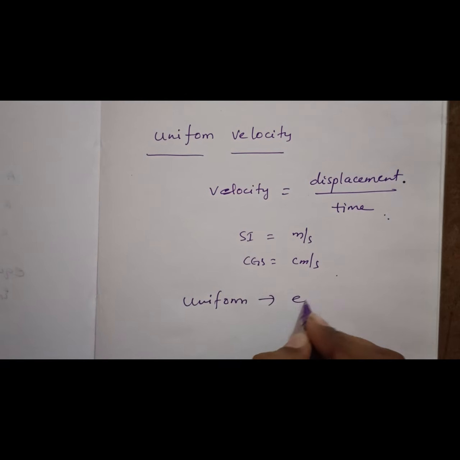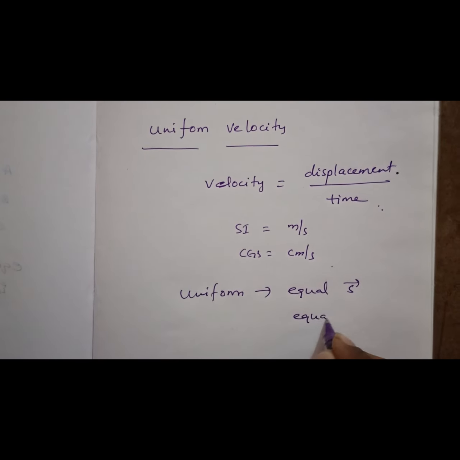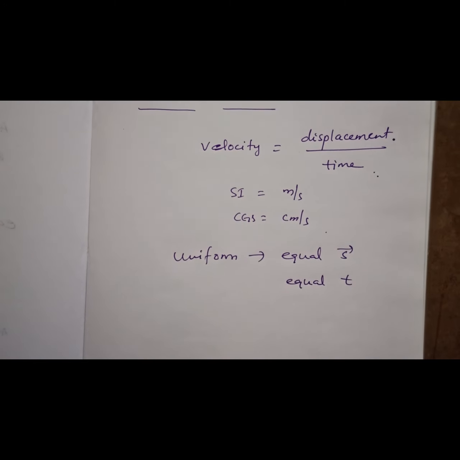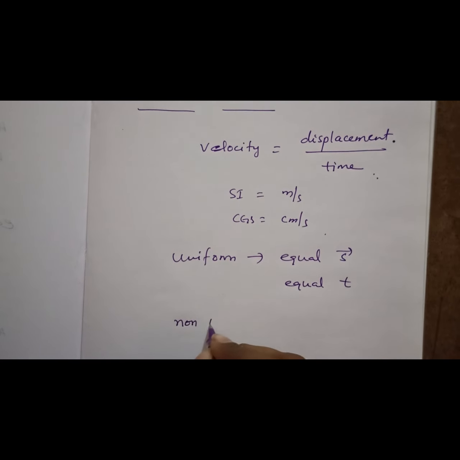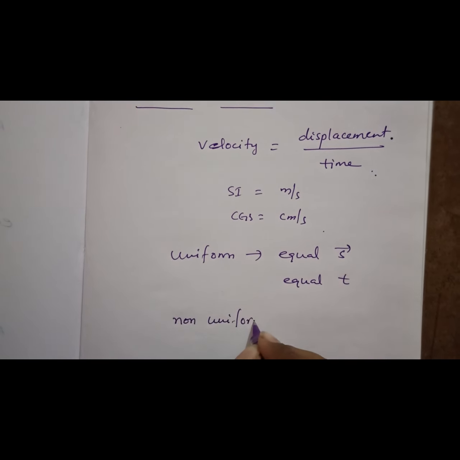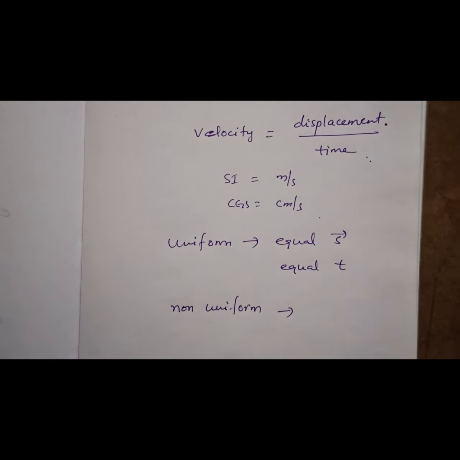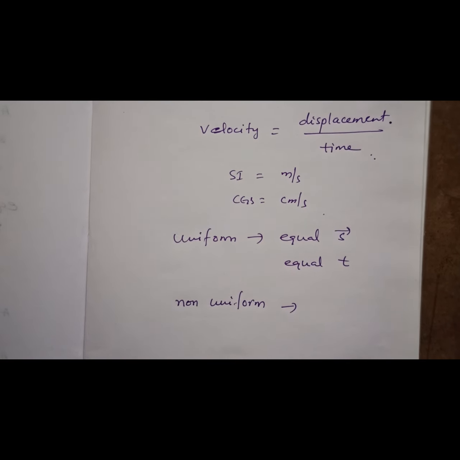If both are equal, equal displacements, equal time. If any one is unequal, that is non-uniform velocity.